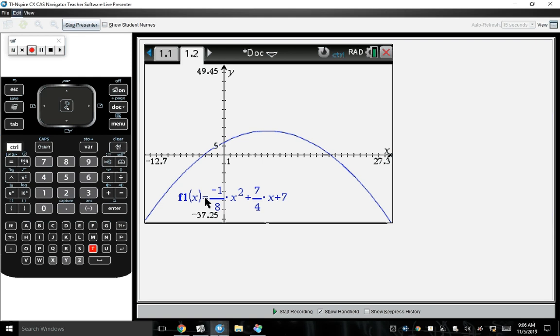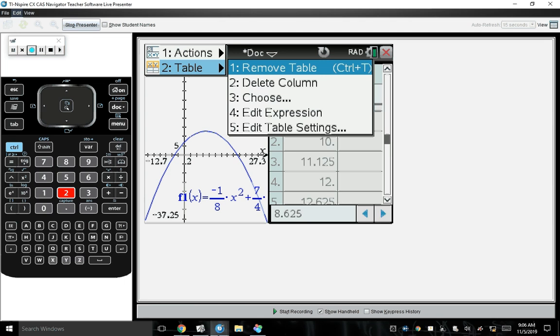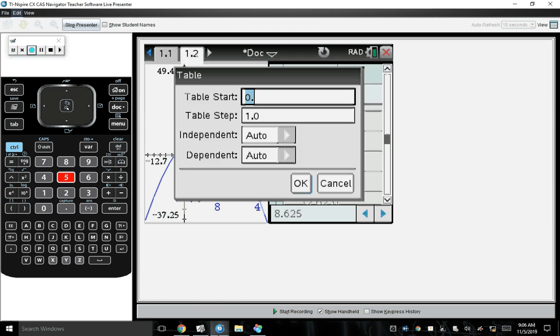Now Control T to bring back the table. And now what I can do is I can put in certain values depending on what I want to give it. So from here, menu, table, edit table settings, 5. Okay, and you can watch this video later. If I change my independent variable to ask, it's that third one down, and then just soft mouse to OK or press enter.